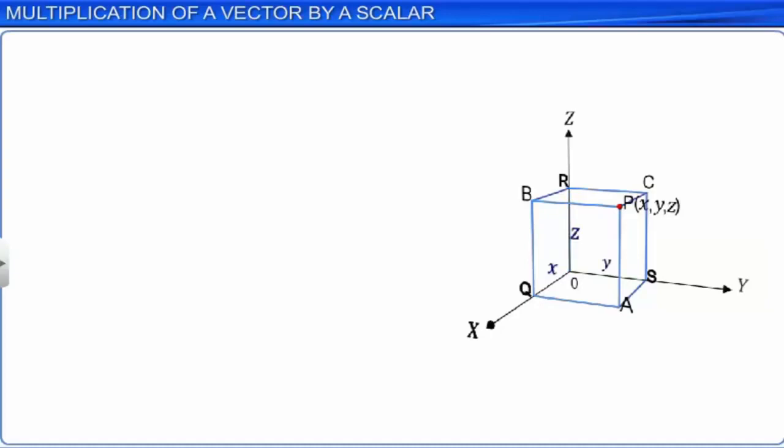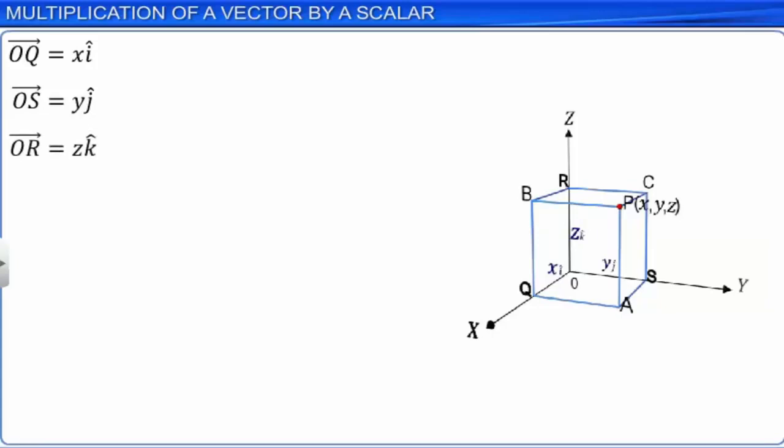Now, vectors i, j and k are unit vectors along the X, Y and Z axis respectively. Thus, vector OQ is equal to x into unit vector i along the X-axis. Similarly, vector OS is equal to y into unit vector j along the Y-axis, and vector OR is equal to z into unit vector k along the Z-axis.